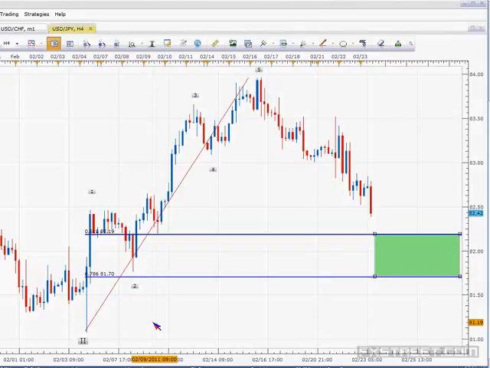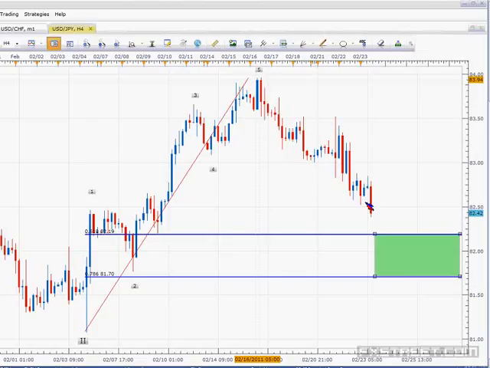However, where is my take profit level going to be on this? If I'm placing a stop down below this level, where am I going to look to enter a limit order to take profit on this trade? So go ahead and type that into the chat box as well. Any guesses? All right, let me give you a clue.